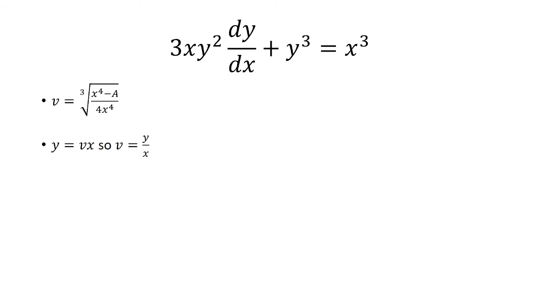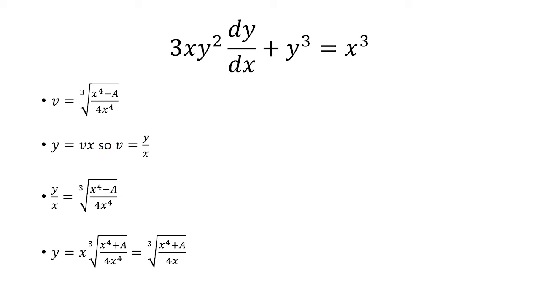And then at this point, I'm going to substitute back. So originally I made a substitution where y is equal to vx. And so v is equal to y over x. Make that substitution. Multiply both sides by x. And now this x to the 4th inside.